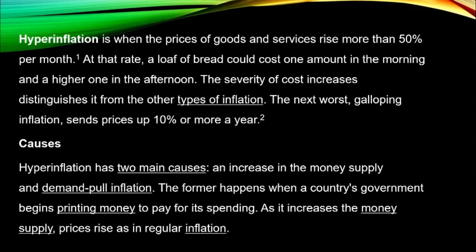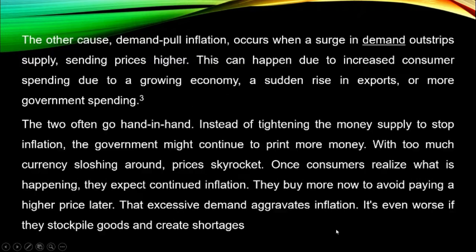Hyperinflation has two main causes: an increase in the money supply and demand-pull inflation. The former happens when a government begins printing money to pay for its spending, which increases the money supply and results in a rise in inflation.